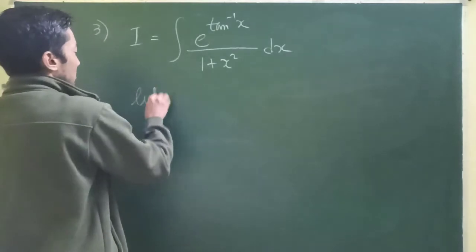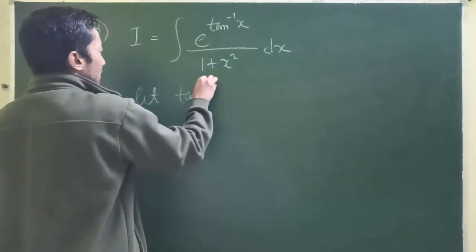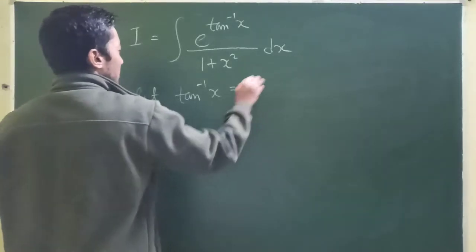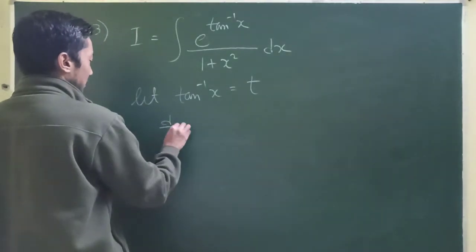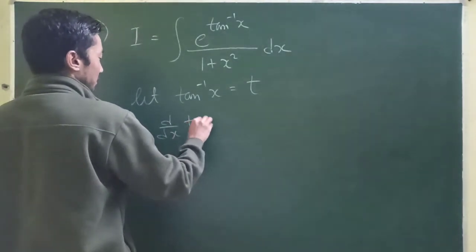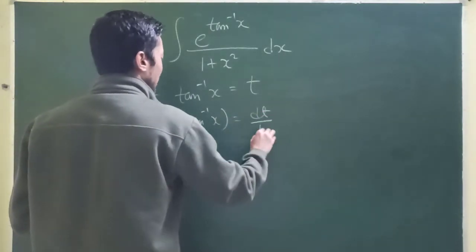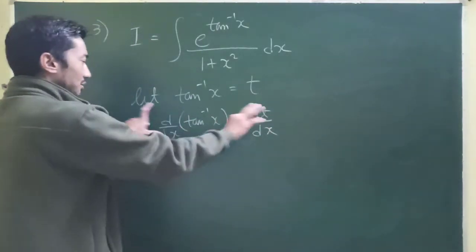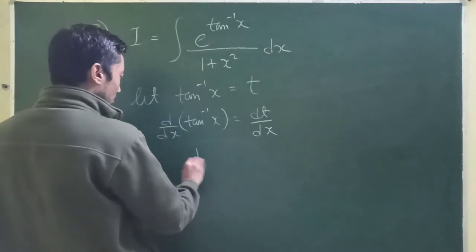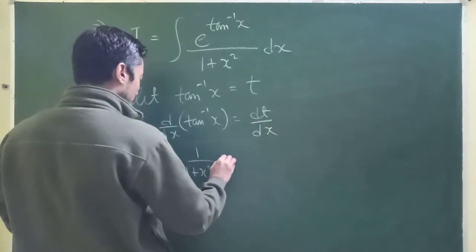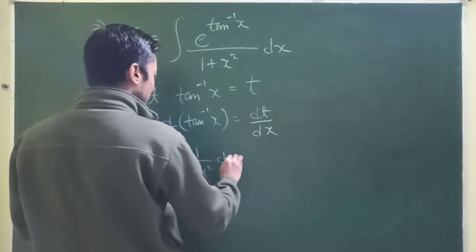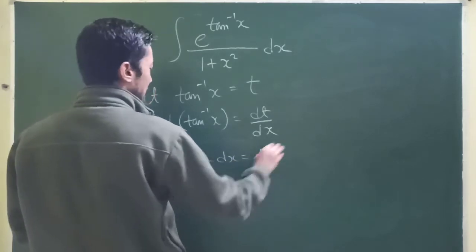So I'll substitute, let tan inverse x be equal to t, then differentiating both sides with respect to x, that's 1 by 1 plus x squared. I don't want to be writing this step every now and then, but during the exercises I'll be skipping this step. I'll just directly write dx by 1 plus x squared is equal to dt.